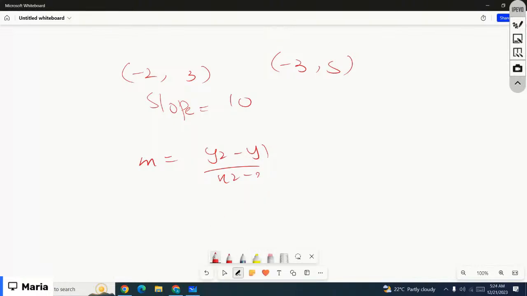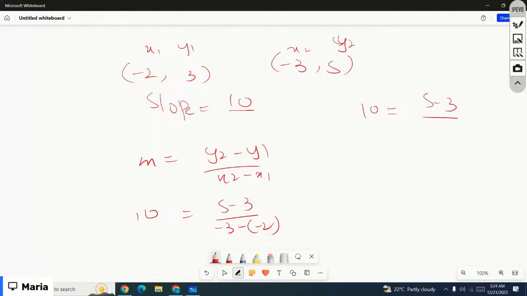Okay, now just replace the variables with the values. This m is 10, this is x1, y1, this is x2, y2. So y2 is s, y1 is 3, x2 is negative 3, minus negative 2, right? Now just solve. 10 equals s minus 3 divided by negative 3 plus 2, which is negative 1. Just do cross multiplication.